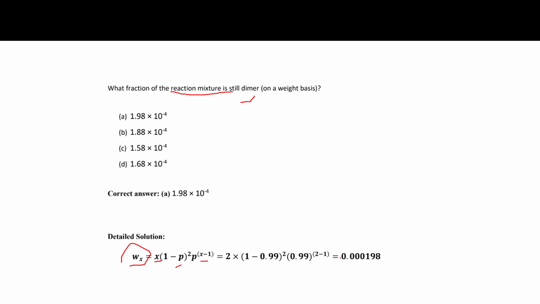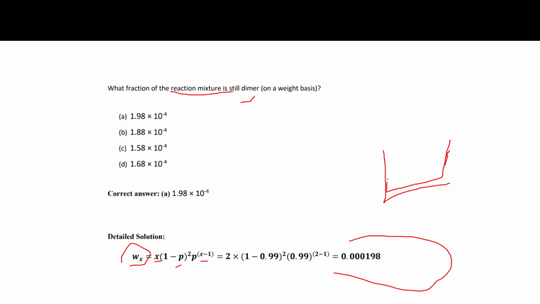You can put that in here, and you can easily get an idea of how much fraction of dimer still remains. The main point here is that when you're doing condensation polymerization, it's not the case that up to 80% or 90% conversion it's still in the dimer or trimer condition. At higher conversion, above 99%, they start connecting chains to each other, and we get higher molecular weight.